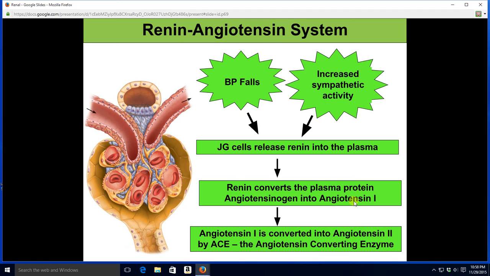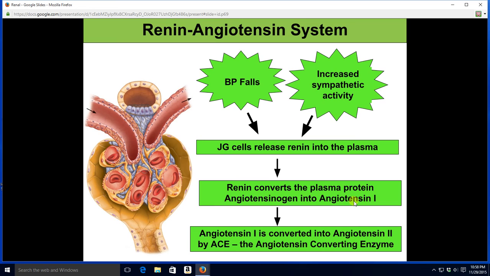And renin converts angiotensinogen into a moderately active chemical called angiotensin 1. So now in the bloodstream we got this moderately active chemical called angiotensin 1. But it's not strong enough. So what happens is angiotensin 1 is going to be converted into a much stronger, more potent chemical called angiotensin 2.